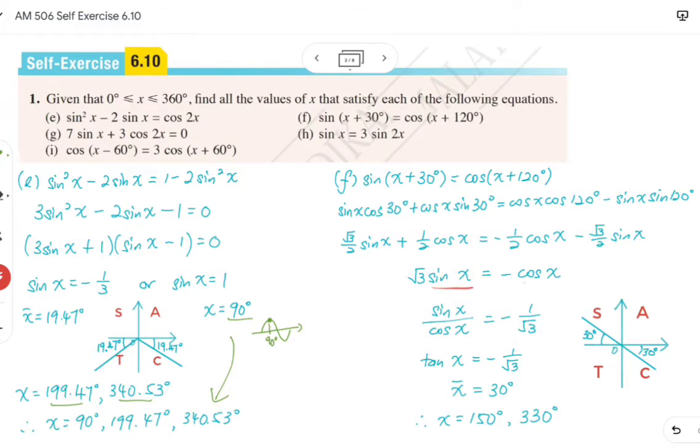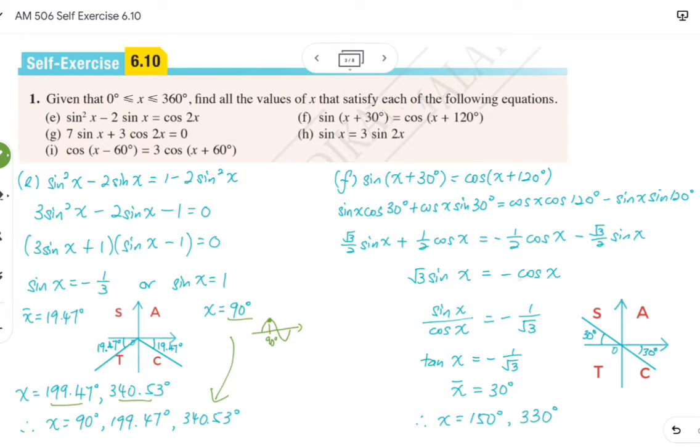With two different functions here, we want to make it into one function so that it is easier for us to find the value of x. Therefore, we know sine over cosine will be tangent. Alright, so we move the cosine to the left to be divided.